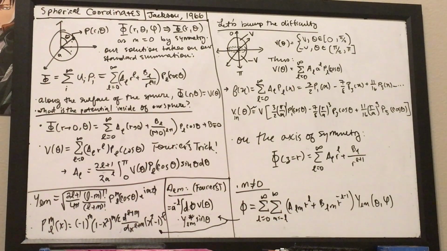When we apply our boundary conditions, we need to think of where this particular function is actually physically possible. So let's say we take our radial component and we reduce it all the way down to the origin, right? We want to say what's the potential at the origin, or whenever r is equal to 0.